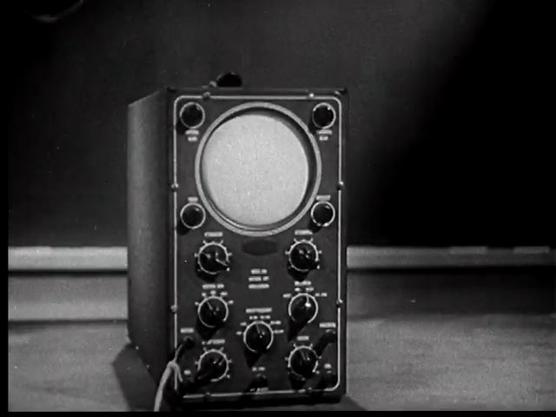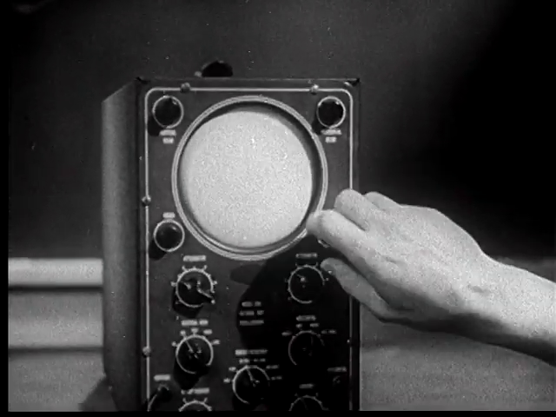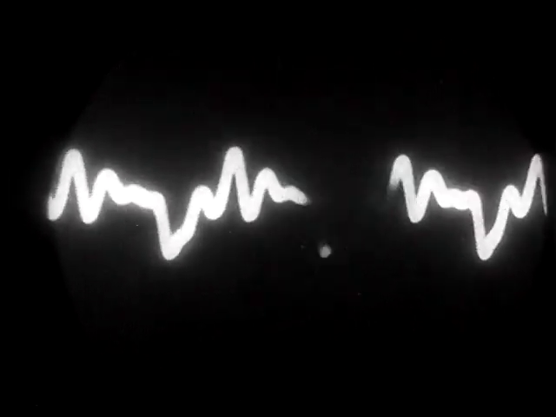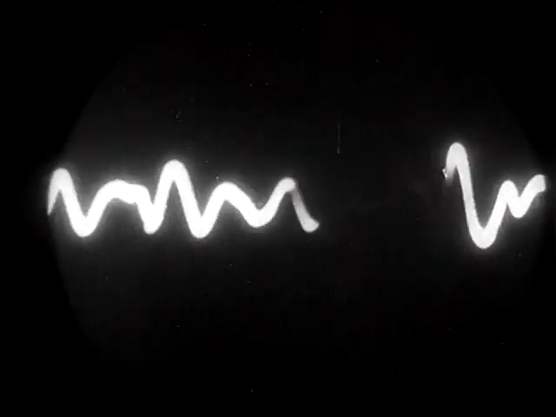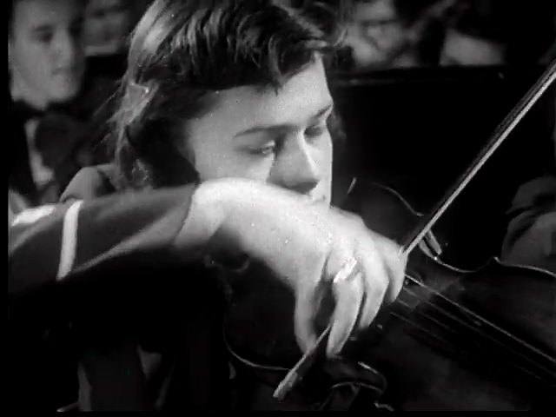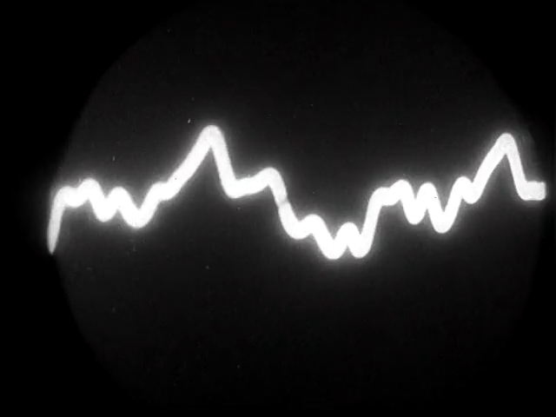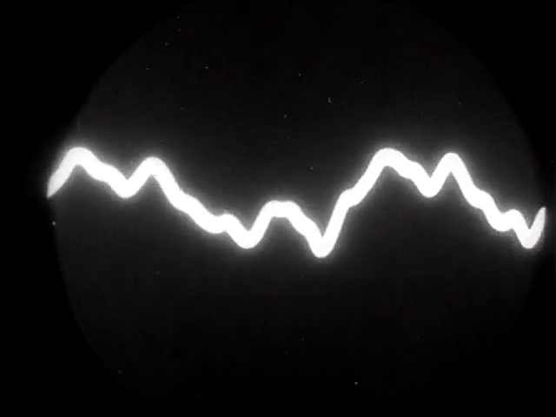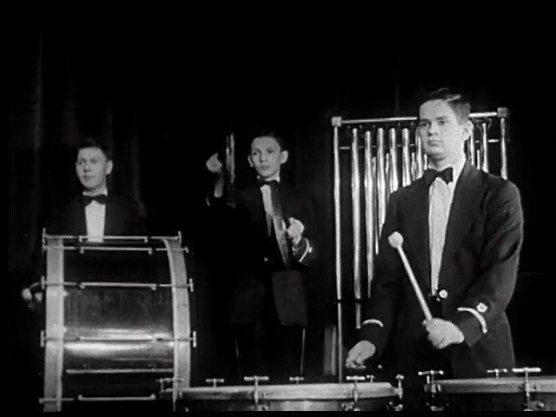With this oscilloscope, we can represent as waves the sounds being produced and see their different modes of vibration, as in the case of vibrating strings. Besides strings, we've already considered vibrating surfaces.